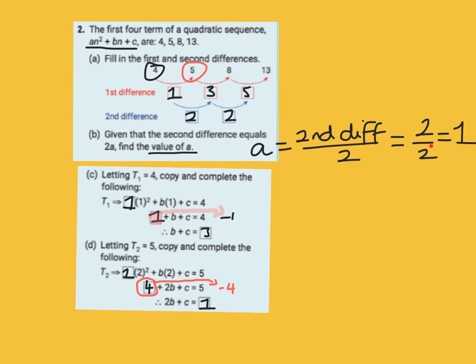I have found a is equal to 1. When you come down to this, that's a, so I'm replacing a by 1. They've replaced all the n's in the equation by 1 because 1 is the first term, and they've let the whole thing equal 4 because 4 is the first term of the sequence. Is that okay? Okay, perfect. Any other questions on that?